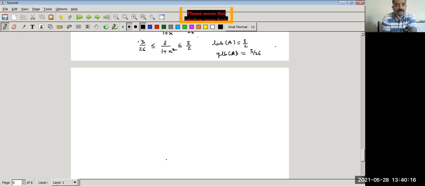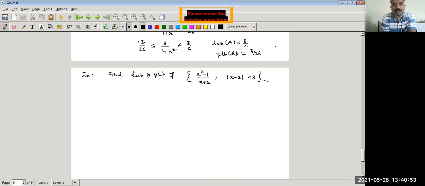Let us solve another example. Find LUB and GLB of (x² - 1)/(x + 2) such that |x - 2| < 3.